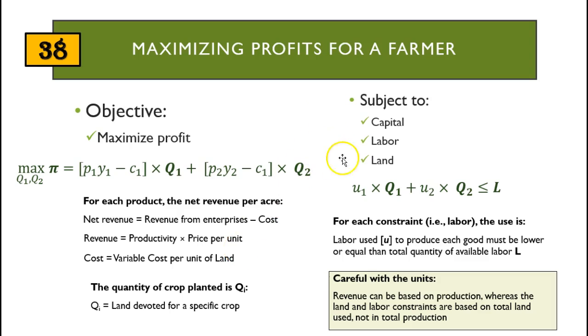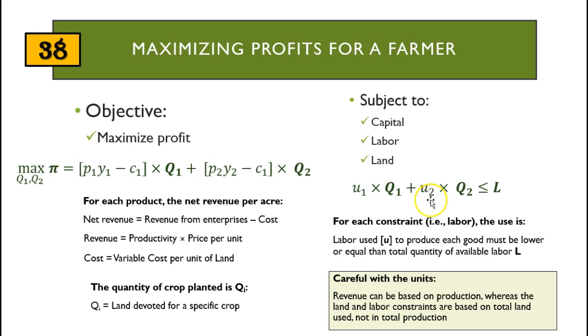In the constraint, we have the following general formulation for each of the resources. For example, here we have labor constraint. U1 represents, for example, the amount of labor in hours needed to produce 1 acre of corn.